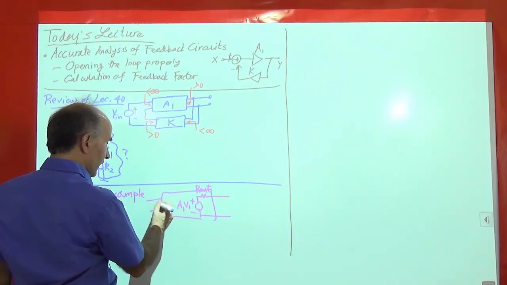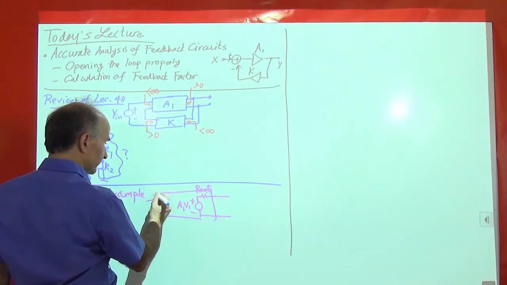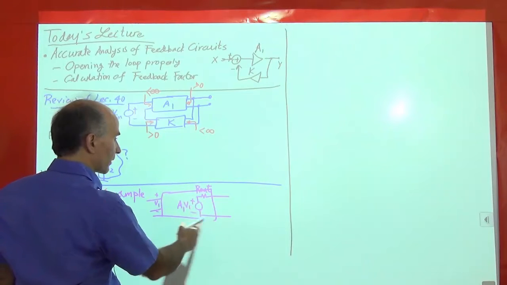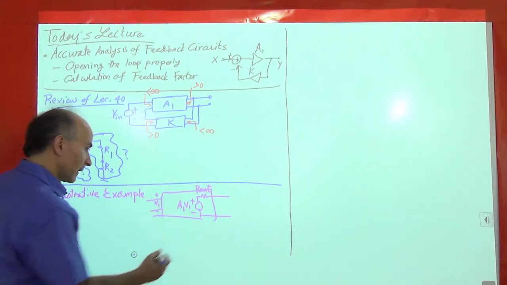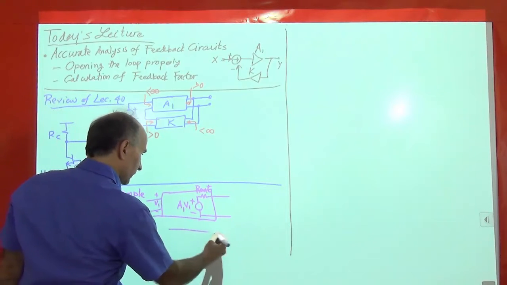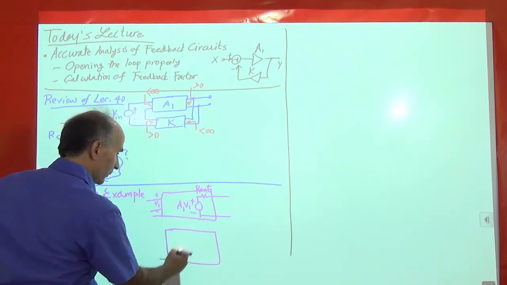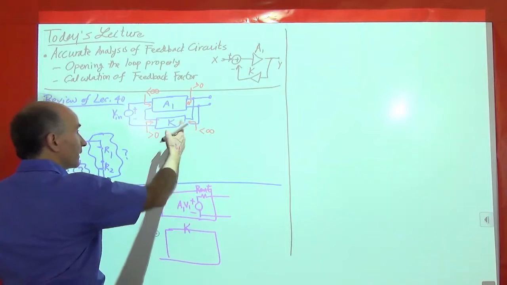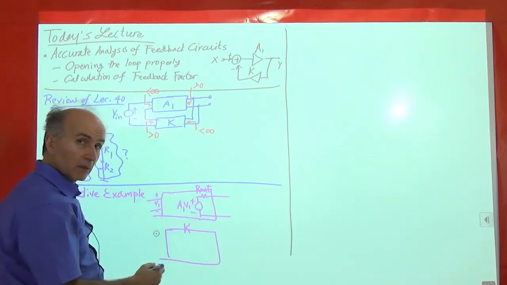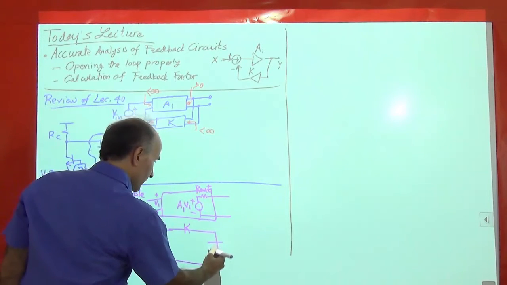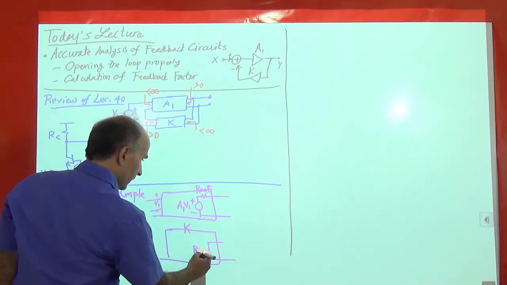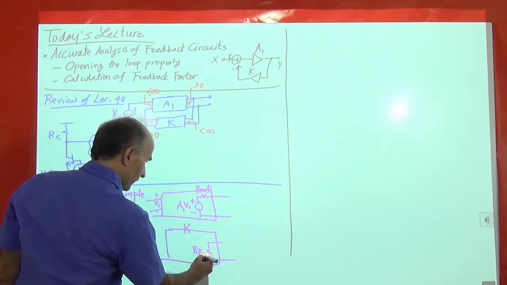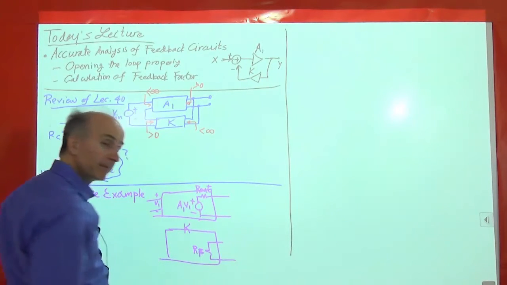V1 is the voltage that we have here. So this models the feed-forward amplifier. And then for the feedback network, we have a finite input impedance, right? It's not infinity. So we just model that by a simple resistor. Let's call it RF for the feedback network, RF.